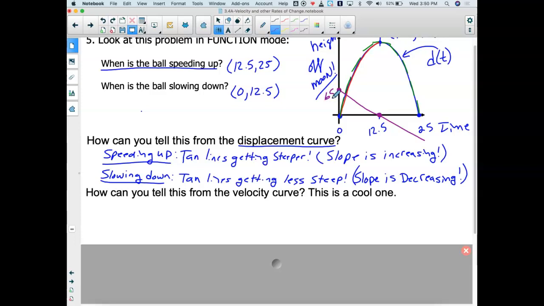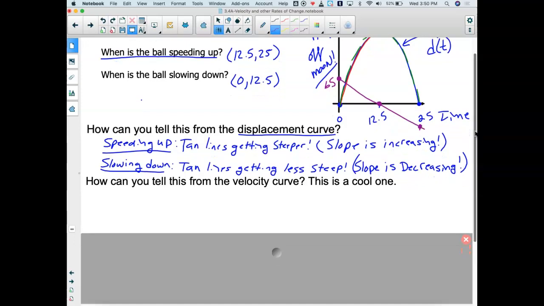So can you tell that from the velocity curve? So now I'm just looking at that little purple one. Here it's on the ground. And yeah, I can. Slowing down, speeding up. Well, looking at that, what am I looking at? I'm going to say speeding up. Slowing down.